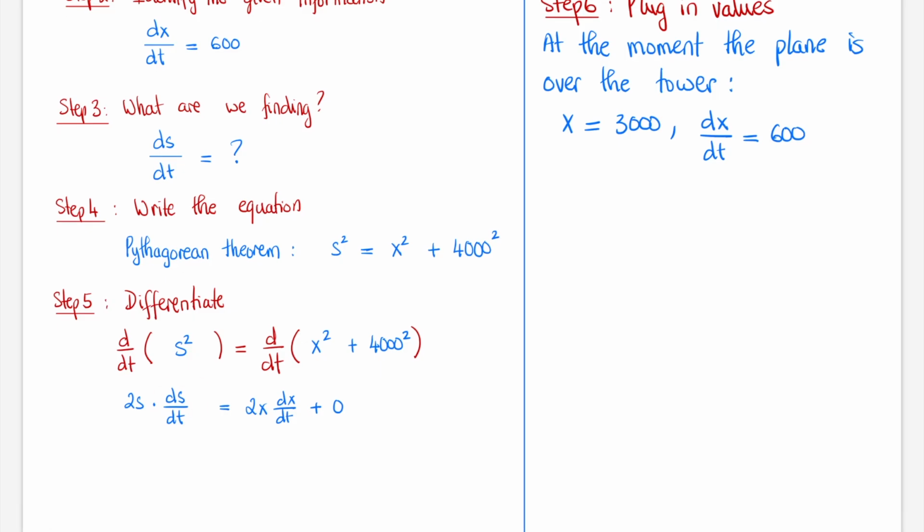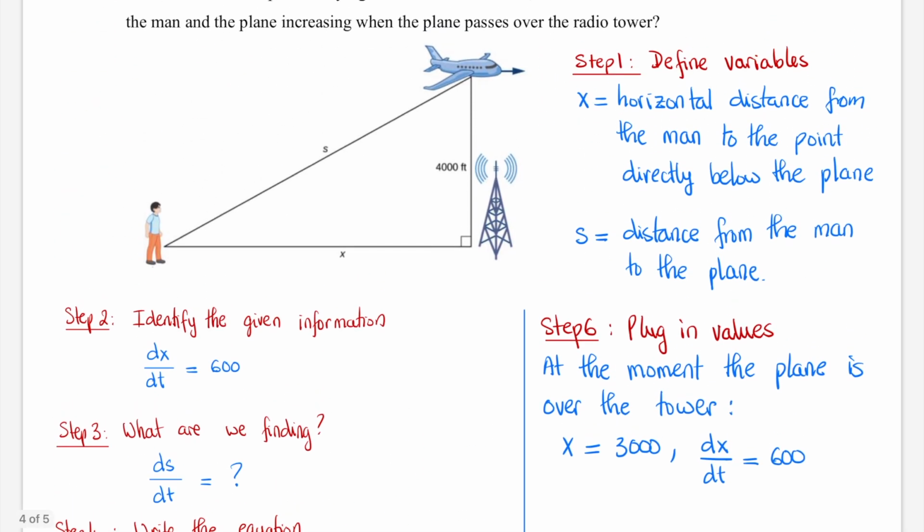To find ds/dt, I need to have x, dx/dt, and s. At the moment when the plane is over the tower, my x is 3,000, dx/dt is 600. I still need s. Again, at the moment when the airplane is right above the tower, this distance is 3,000. This distance is 4,000.